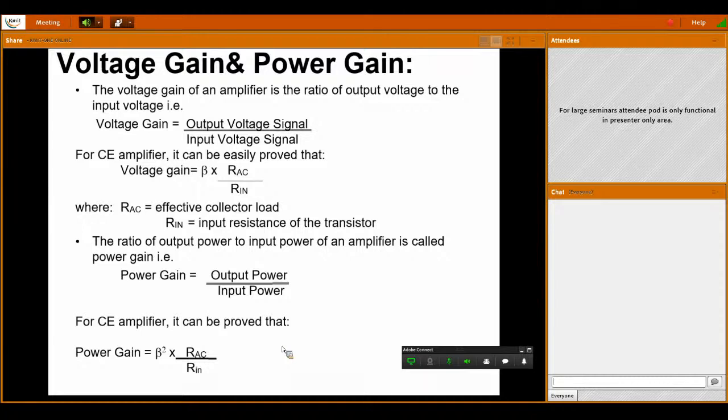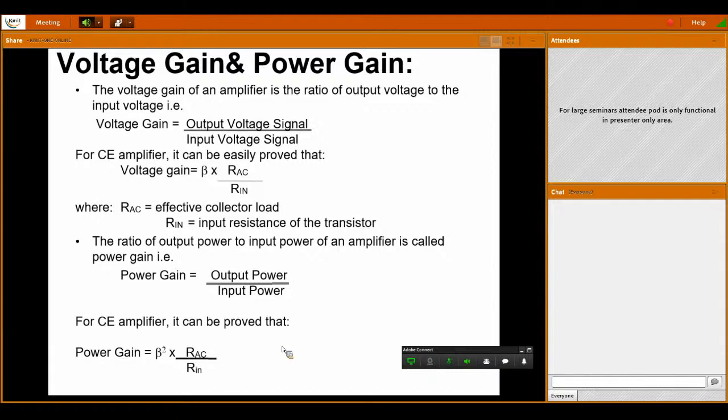So for a CE amplifier, voltage gain is equal to output voltage over input voltage, where the output voltage is equal to IC into RAC, where RAC is the effective output load resistor, and that effective output load resistor is equal to RC in parallel with the output resistance of the transistor, R0.